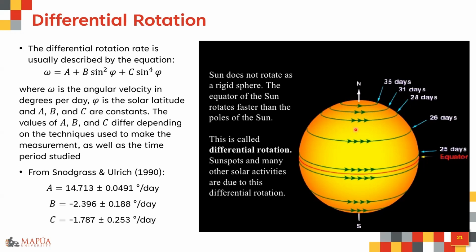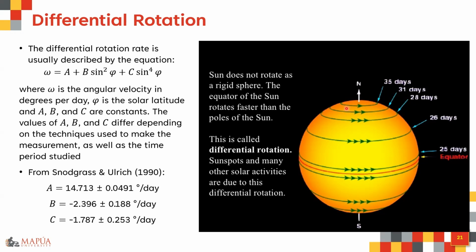what's the rotational period or the angular velocity of the sun at each latitude. So more or less, it travels fastest at the center, at the equator. It's about 25 days. And it can be as long as about 35 days near the poles.